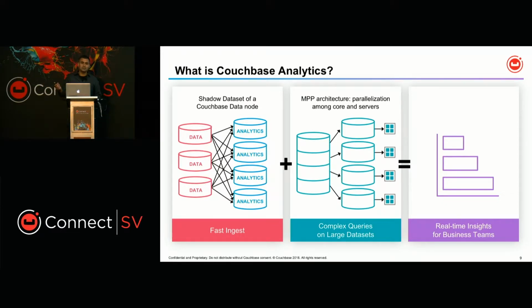Now, there are many situations where you already have a Tableau, a Power BI, a Cognos, or whatever have you, a Looker, the list goes on and on. So our strategy is to create an ODBC, JDBC driver for accessing data in Couchbase Analytics that can then be materialized or visualized in one of those more traditional tools.